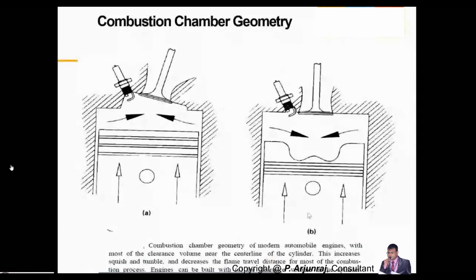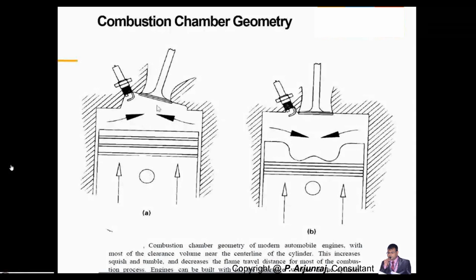So here the combustion chamber geometry deals with having more clearance volume near the center of the cylinder, and a higher volume will also increase your squeeze and tumble, and it will decrease the flame travel distance for most of the combustion process, which means your flame travel distance should be lesser. When the flame travel distance is lesser, you can easily combust the fuel.